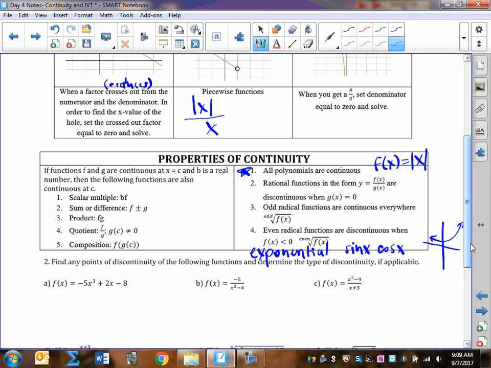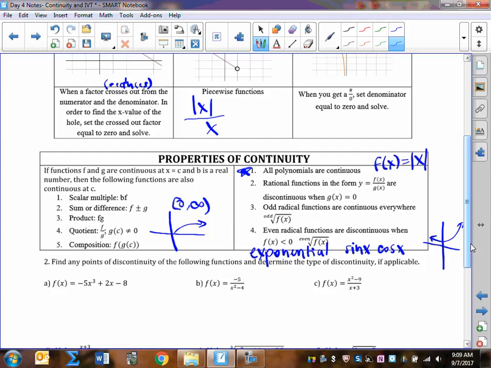Now, as we talked about before, a function can be continuous just on its domain where it's defined. So, for example, even radical functions, if you think of that square root curve, it is continuous on its domain, meaning it's continuous from 0 to infinity.